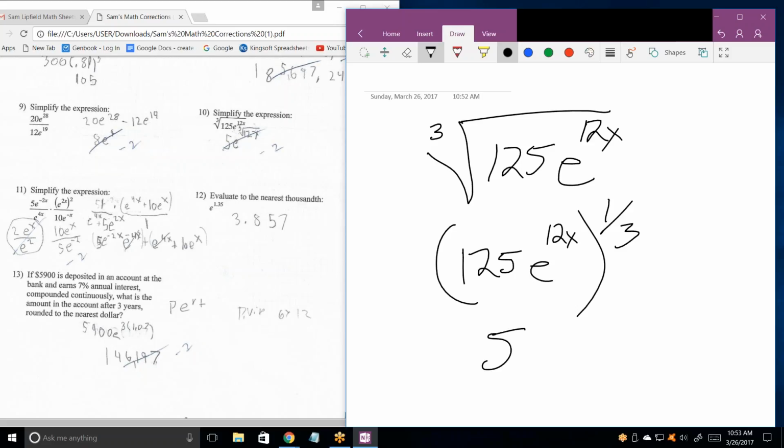Now, applying the rules of exponents that I just showed you, we have that double exponentiation going on. What do I do when I have double exponentiation going on? You multiply. Correct.